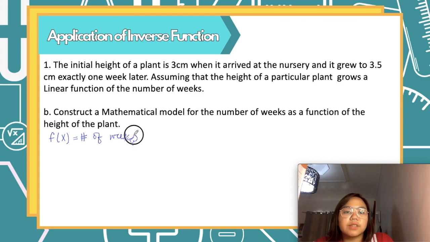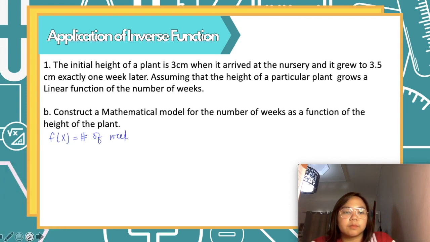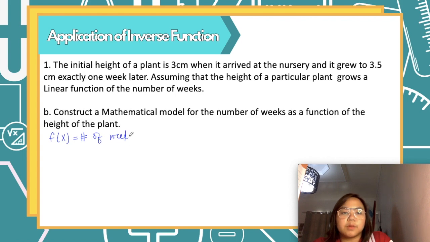So as a function of the height of the plant, meaning our x here is the height of the plant. Number of weeks, and x is the height of the plant.